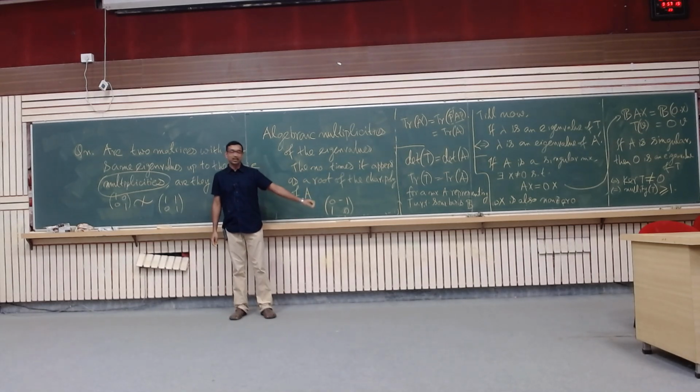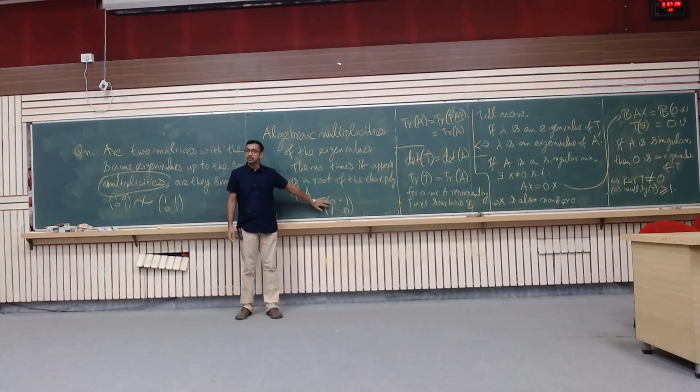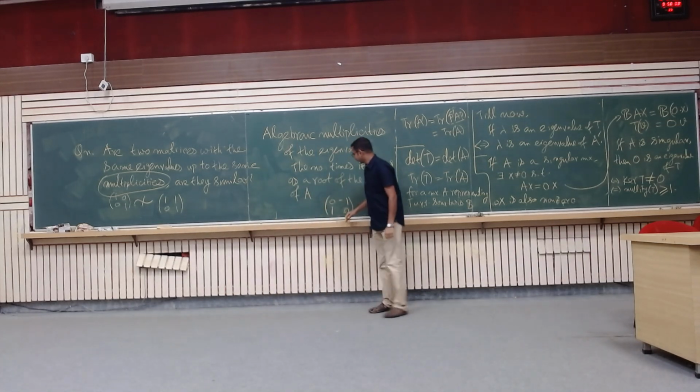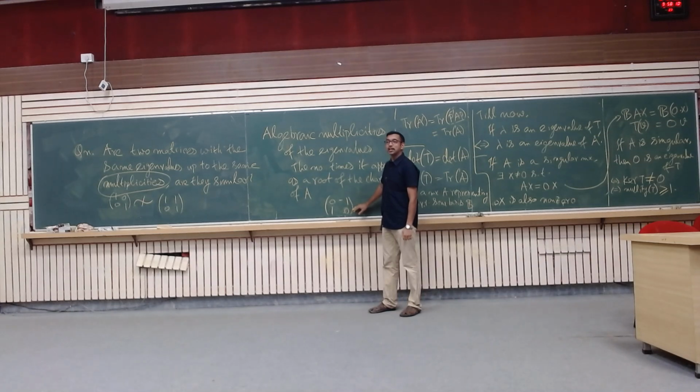So on R2, this doesn't give any eigenvector. There is no vector except 0 which is fixed on R2. But if you view this over C, it will have two roots. What is the characteristic polynomial of this? X square plus 1. So that will have plus or minus i as a root. This plus or minus i only appears if you are considering it over C, not over R. And over C it makes perfect sense what we have written down here.